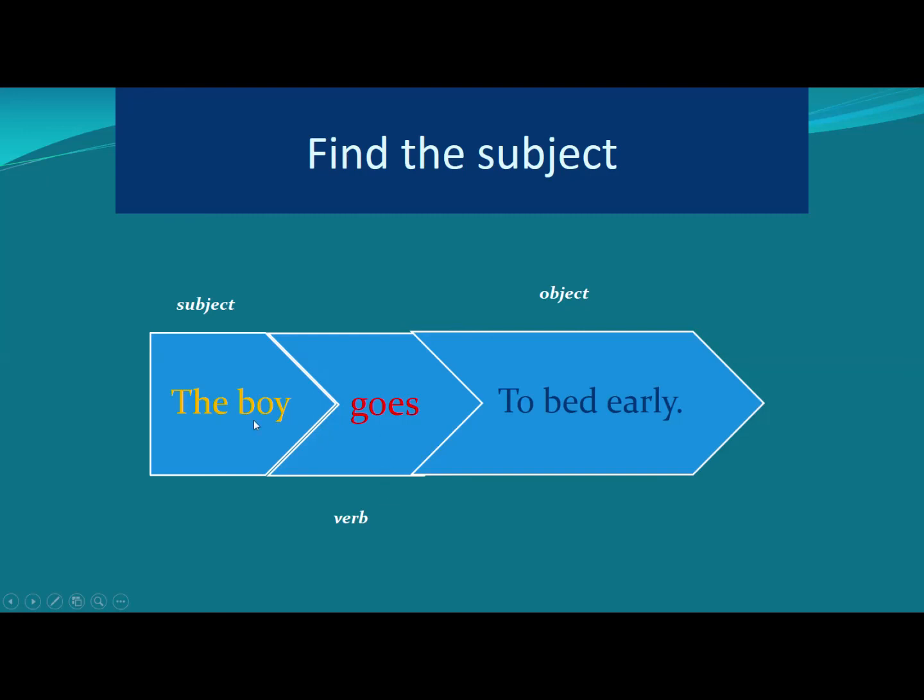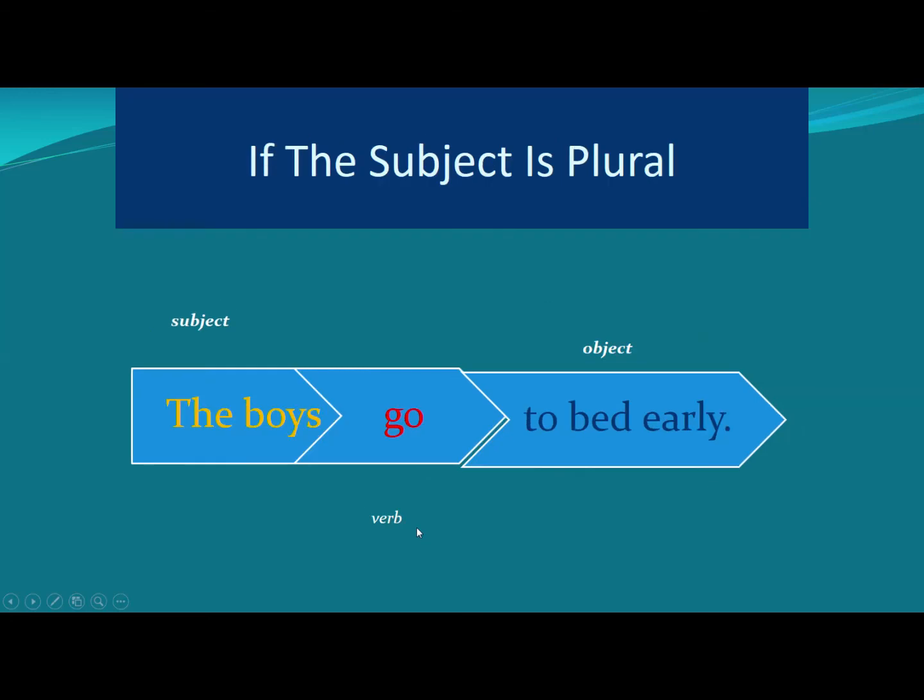As I told you, if the subject is third person, then we add s with the verb. And if the subject is plural, the boys go to bed early, then the verb used here is go. The boys go to bed early.